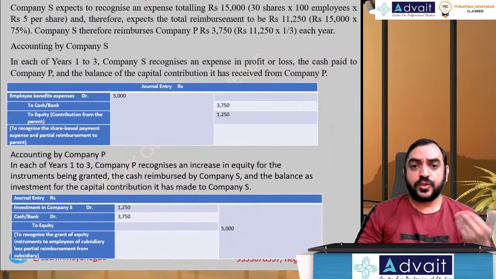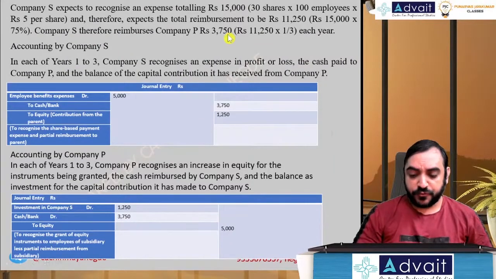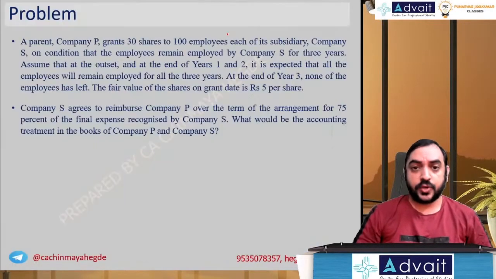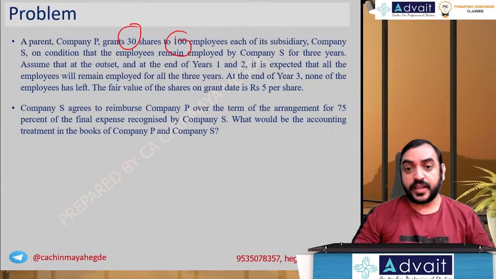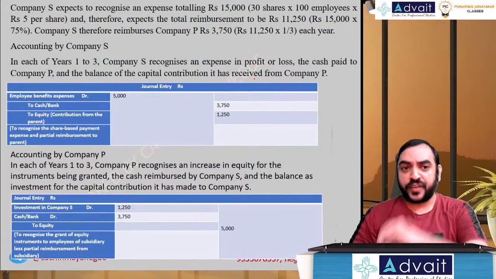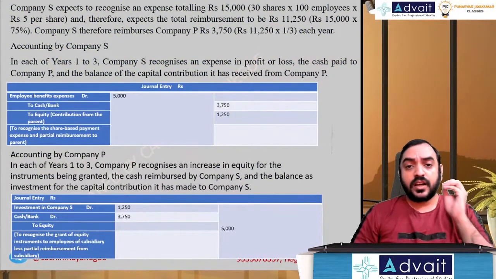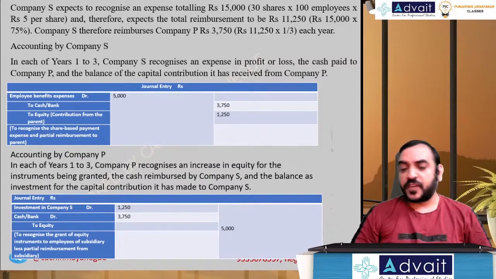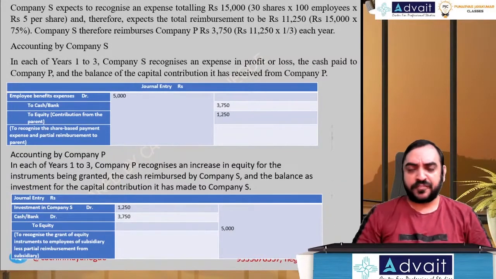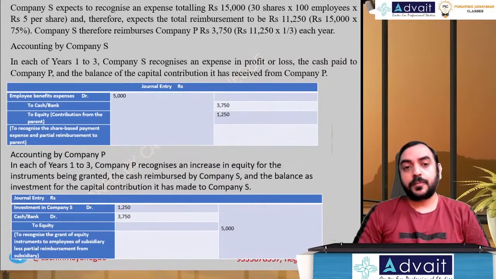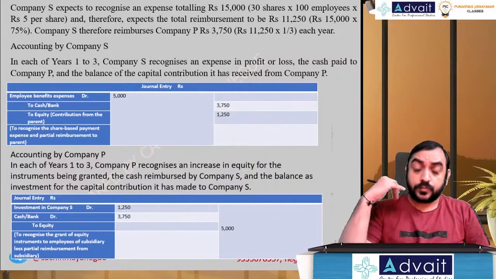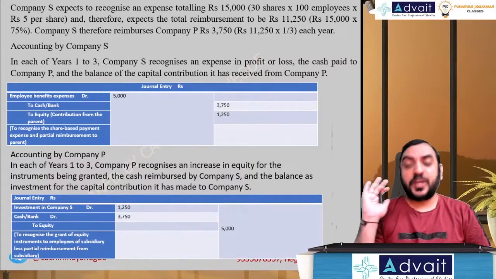Company is expected to recognize an expense totaling 15,000. Let's see how. 30 shares for each of 100 employees, and the fair value is 5 rupees. So 30 into 100 into 5 rupees is 15,000, and the condition is over a period of 5 years, so basically divided by 5. Every year we recognize an equal amount, and expect a reimbursement of 75%.